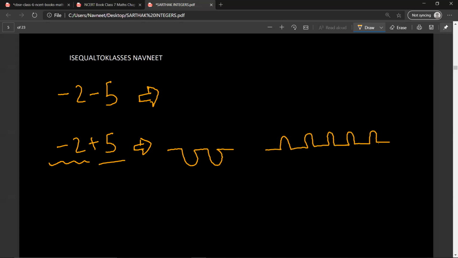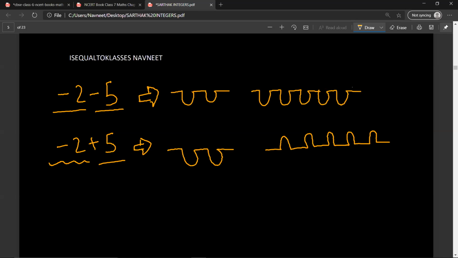This -2 is valley or mountain? Valley. This -5 is mountain or valley? Valley.